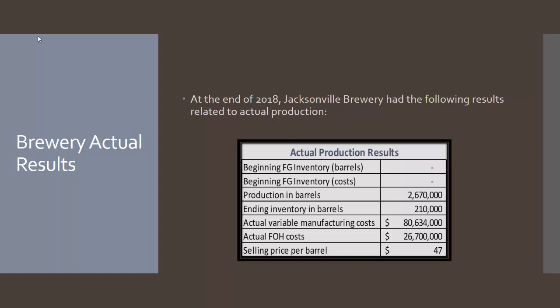They had actual variable manufacturing overhead costs, all of the yeast, barley, water, rice, whatever else goes in their wooden barrels, of 80,634,000. They had actual fixed costs of 26.7 million, and during the year they sold beer at a selling price of $47 per barrel.